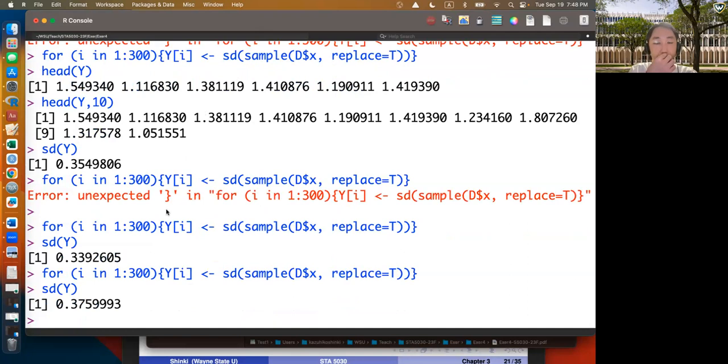For more serious publications, maybe you can use 100,000 times, but 300 to 1000 is appropriate. Okay, so that's it for today, and let's see you on Thursday.